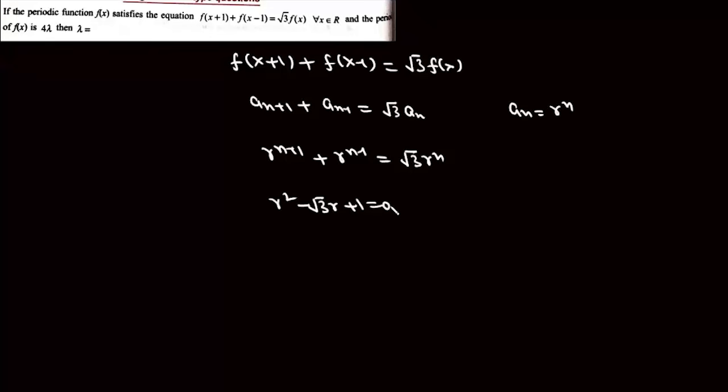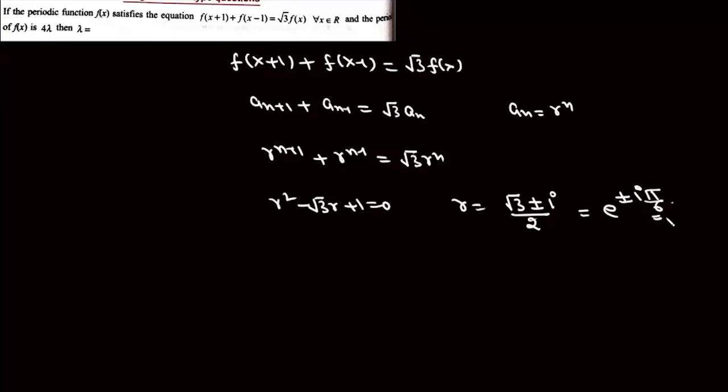plus 1 equals 0, or r is (√3 plus minus i)/2. So the characteristic roots are e^(iπ/6) and e^(-iπ/6).